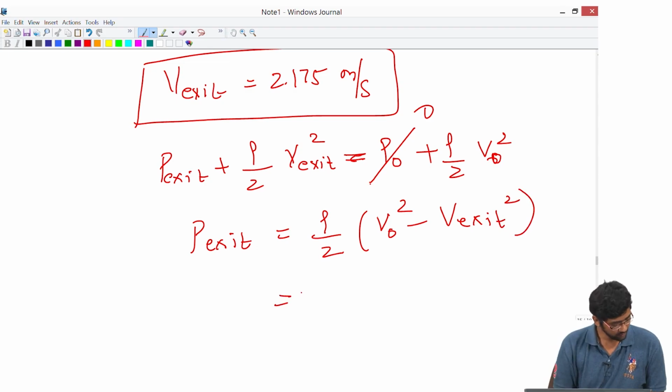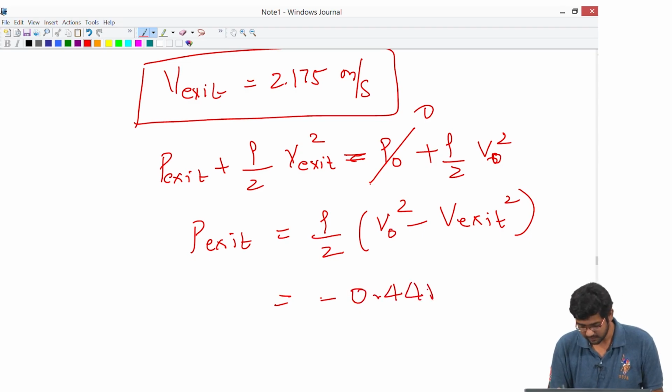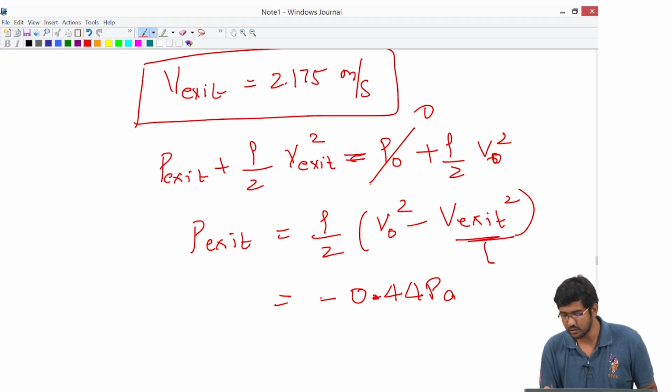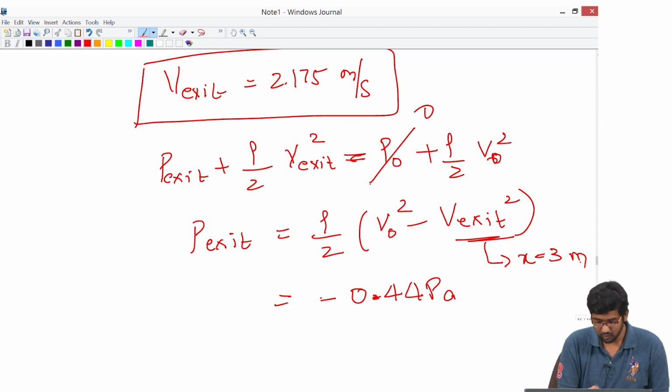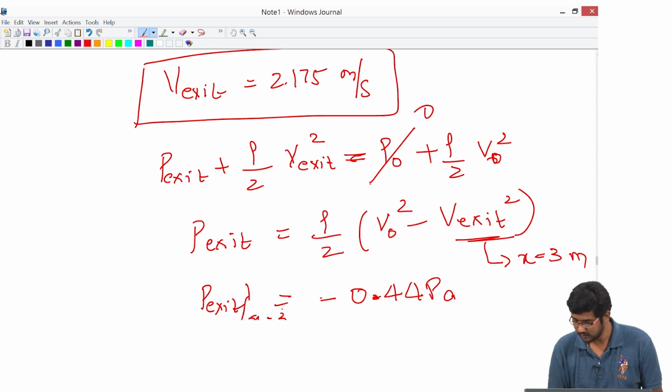This will be around 0.44 pascals. You should remember that this V exit corresponds to x equals 3 meters. Therefore, this P exit corresponds to x equal to 3 meters.